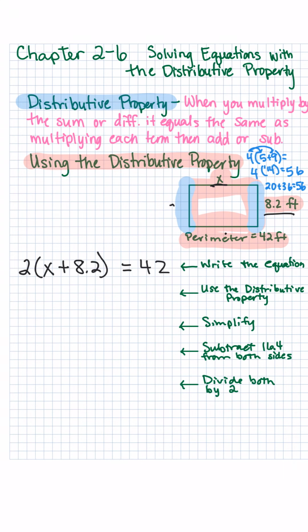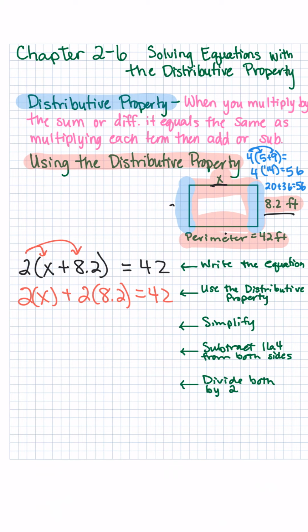So now we can use the distributive property. We're multiplying the 2 in to both terms. So then we're going to have 2 times x plus 2 times 8.2 equals 42.